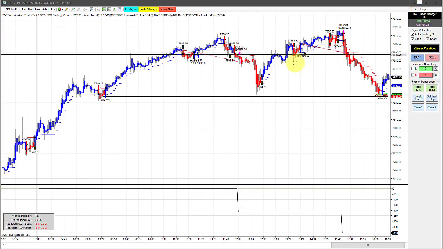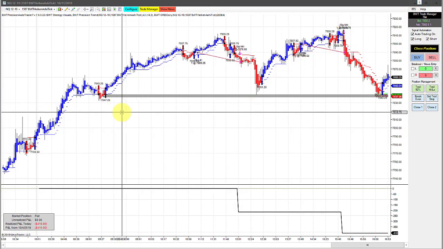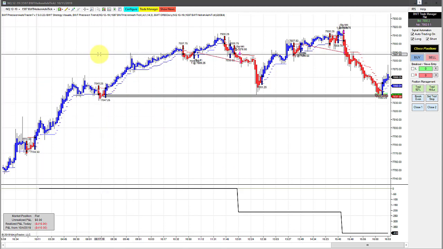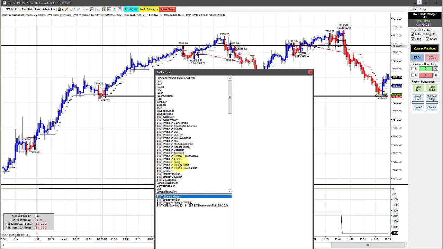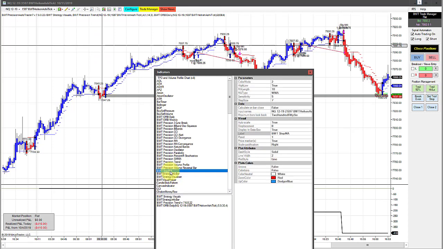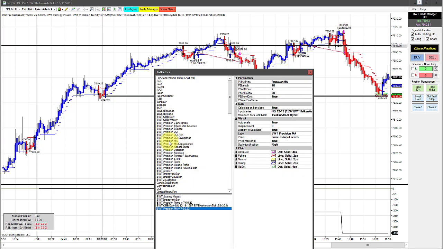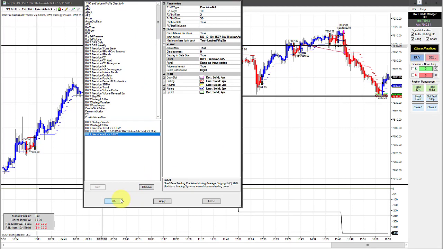Okay, this was a loser today, but had you been using the methodology like Jim's, let's just plot the precision MA on here and see how that would have looked had we applied a little discretion.